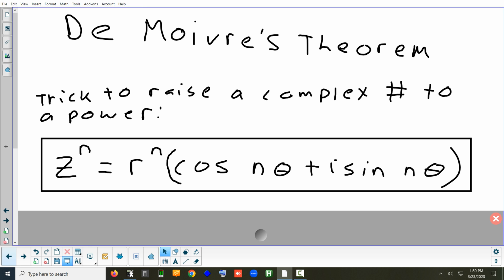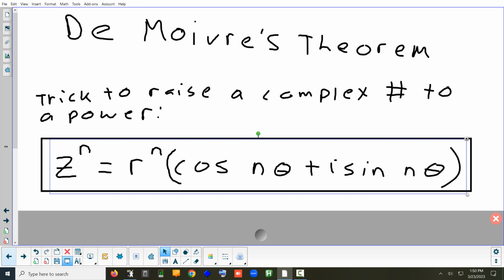If you want to do it without this formula, you've got to do everything I just did. A lot of foiling, combining like terms, it's going to take a while. If your number is in trig form, all you have to do is take the radius, raise it to the power, take the angle, and multiply it by the power.